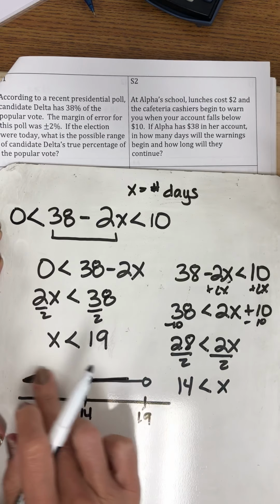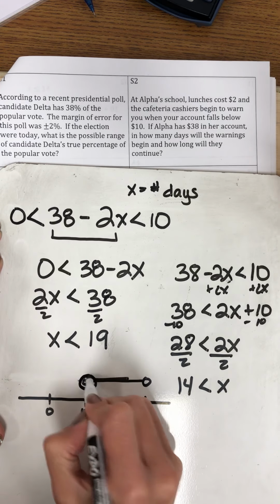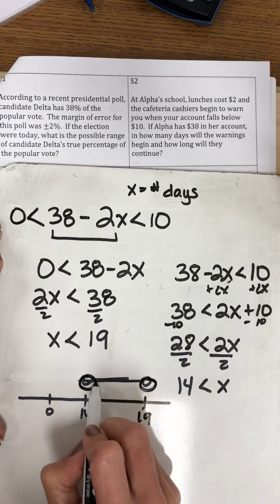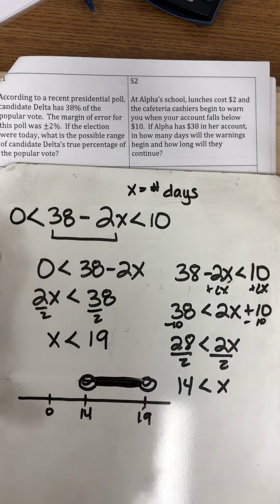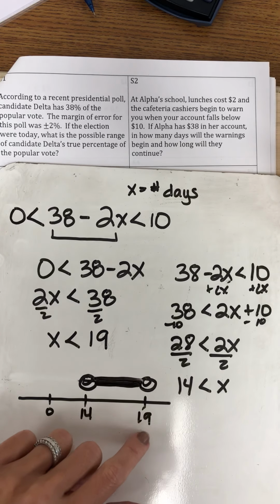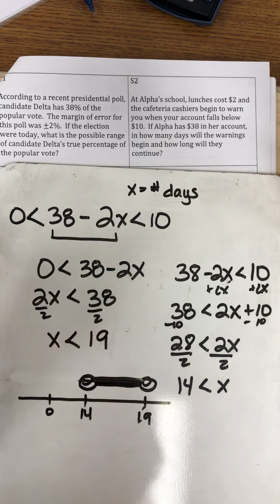So we're looking at open, open, and these values right here. It won't start on the 14th day, because at 14 days she'll have $10 in her account, so they won't warn her on that day.